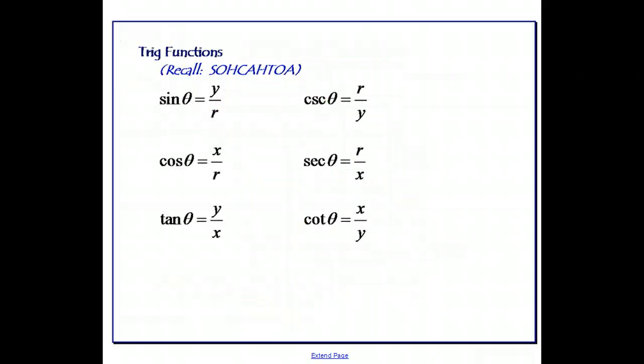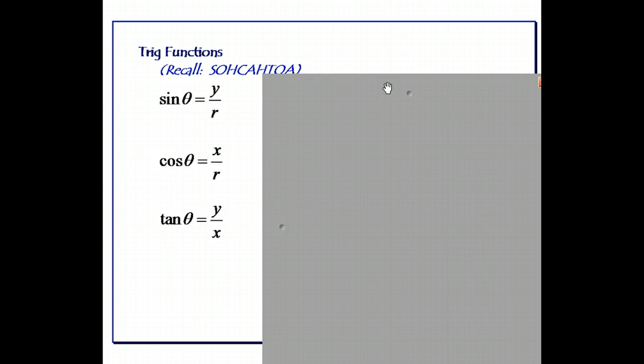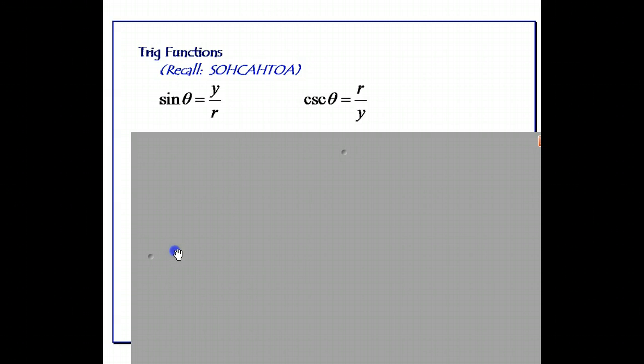So the first function we want to define is our sine. And you might remember from geometry, SOHCAHTOA, which was the sine is the opposite over the hypotenuse.